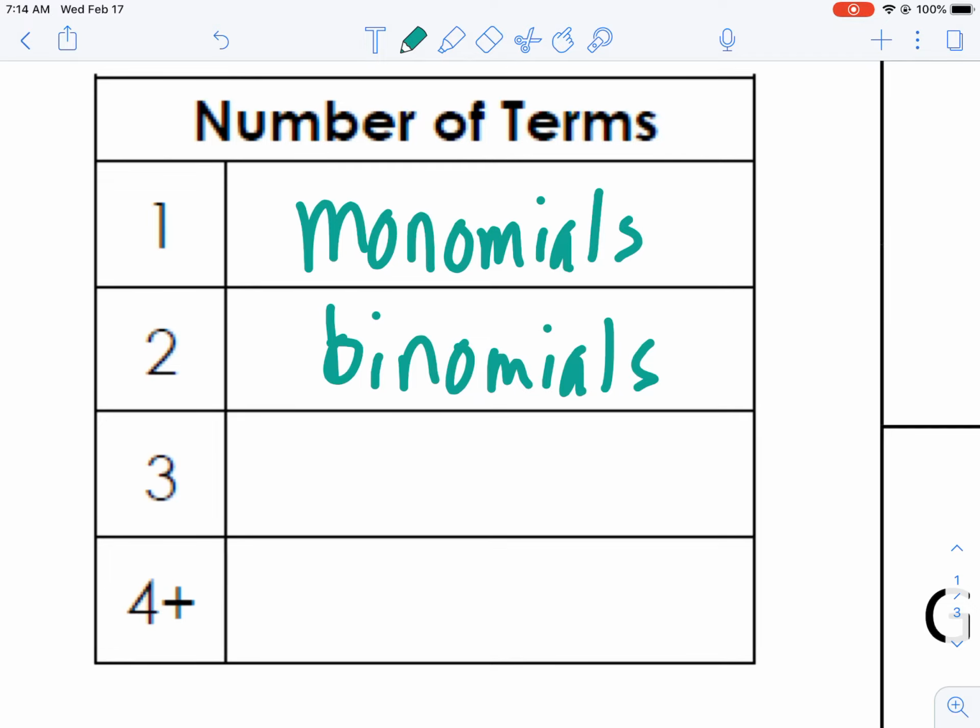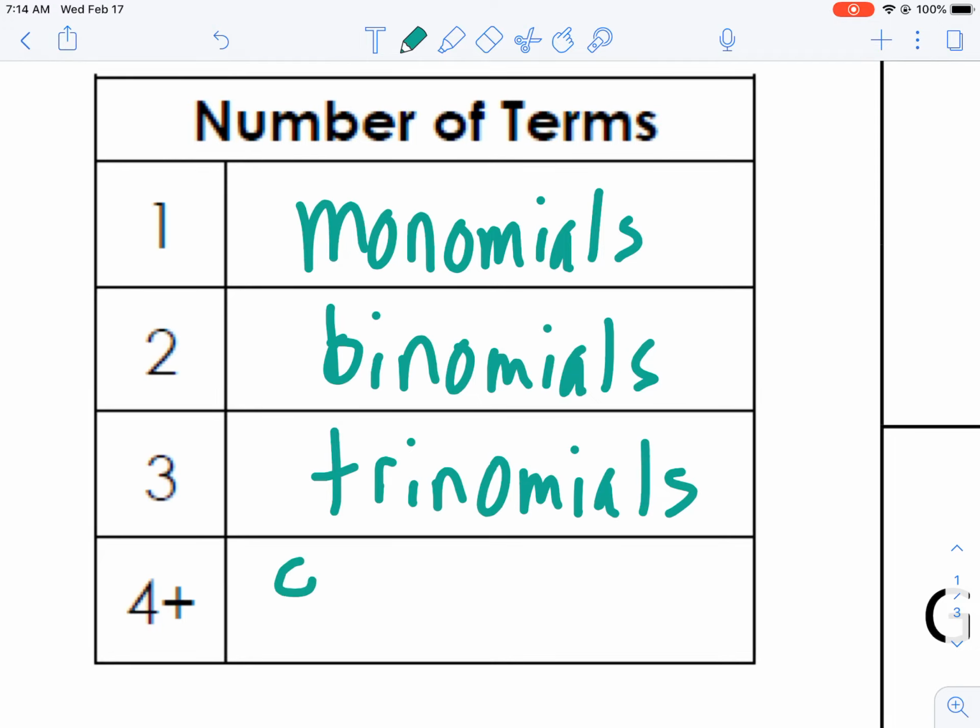There's a lot. 3 is a trinomial. Tri means 3: tricycle, triceratops, you can think of a lot. And then for 4, we're just going to call it a polynomial. Poly means many. So 4 or more is just going to be called a polynomial. We're not going to differentiate them.